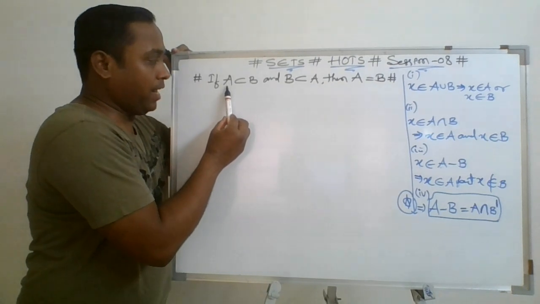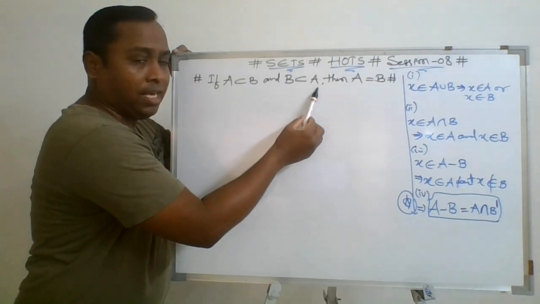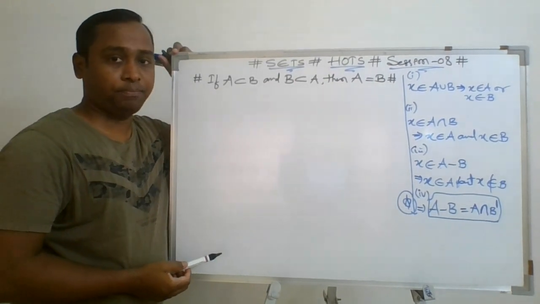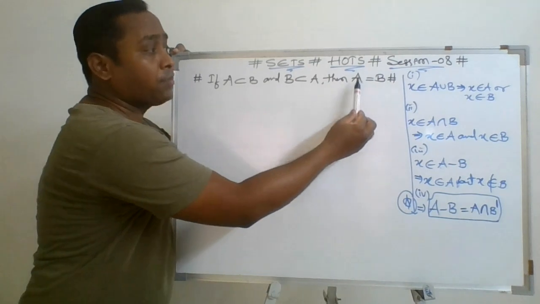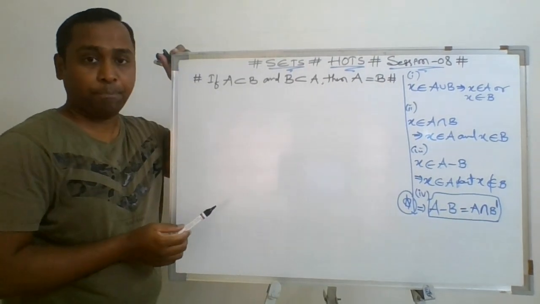So if every element of A is in B and every element of B is in A, ultimately the sets are said to be equal. Vice versa, if sets are equal, then A is a subset of B and B is a subset of A.